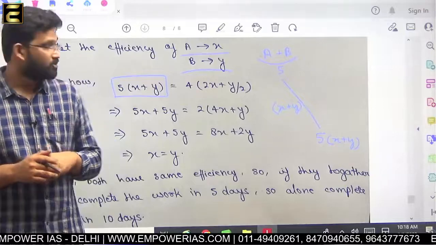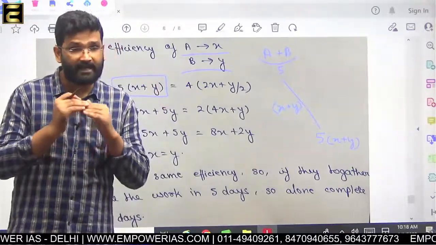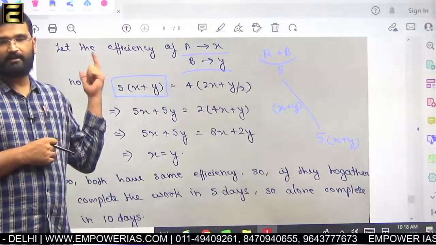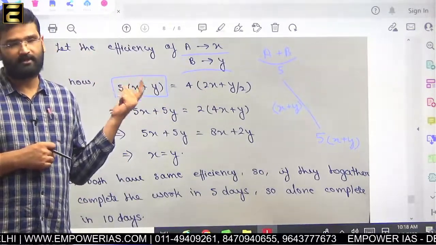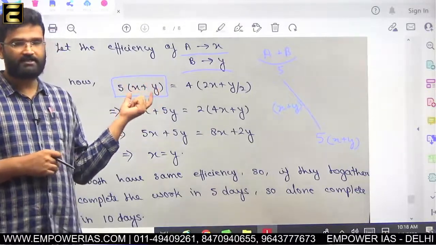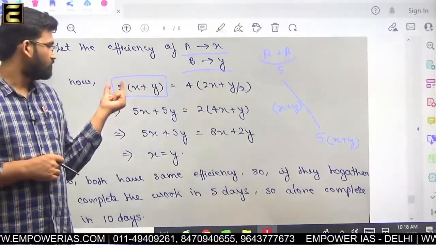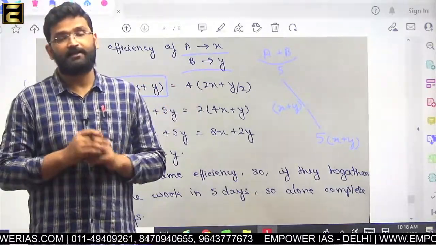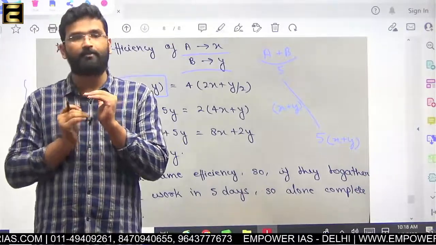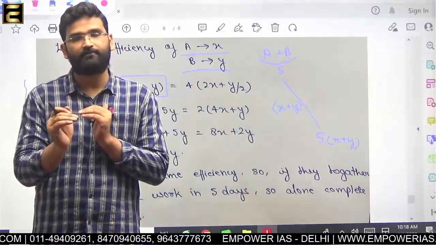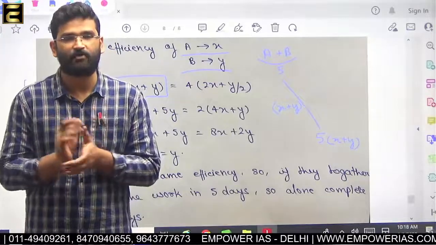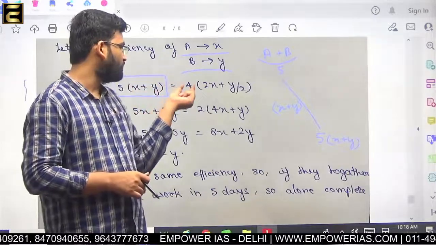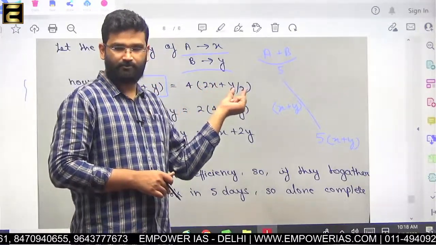Okay, so the question is saying that if A and B together do the work in 5 days, let the efficiency of A be x and of B be y, so 5 into (x plus y) is equal to... Now the question is saying that if A does the work with double his efficiency and B with half of his efficiency, then they take 4 days to complete the work. It means that 5(x plus y) is equal to 4(2x plus y/2).